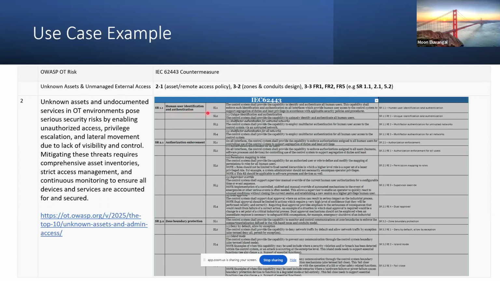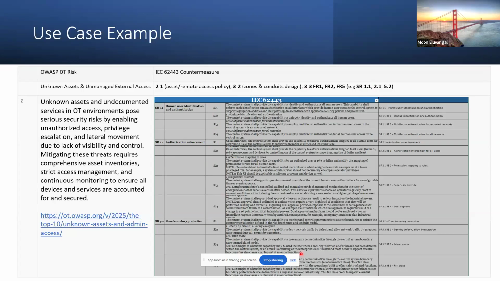Okay, and those are in 4 different levels, and each of these will bring some level of improved cybersecurity defense for the organization. Okay, so SR 1.1, 2.1, and 5.2.